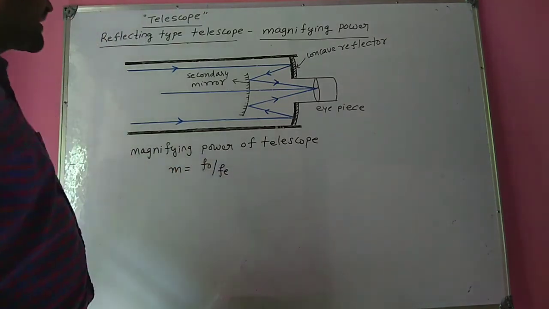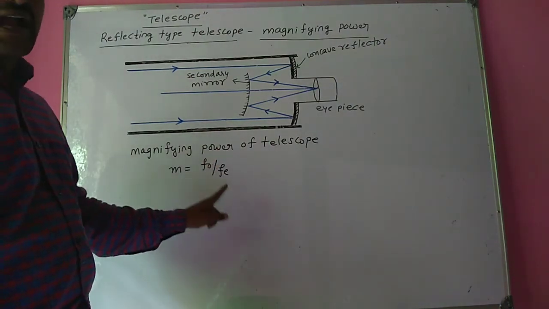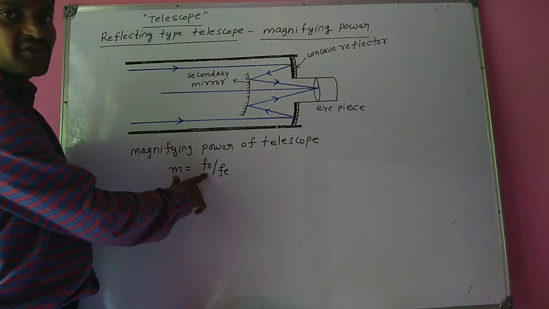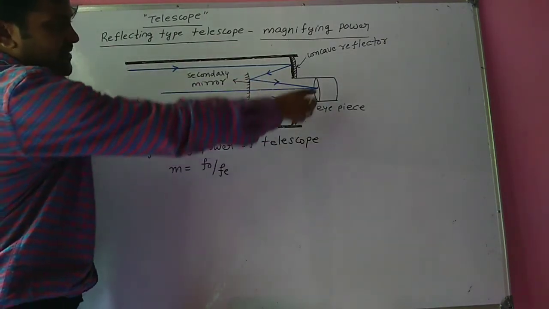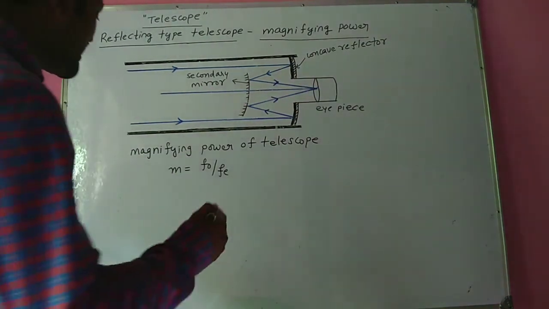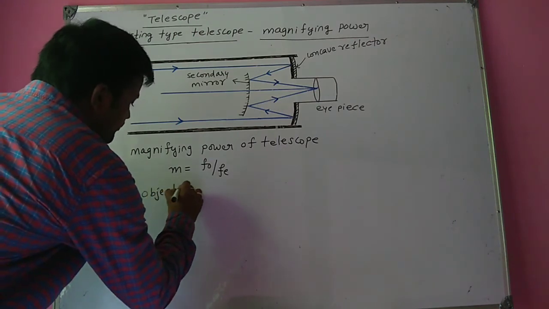That is the ratio of the focal length of the objective to the focal length of the eyepiece. Fo is the focal length of the objective. Objective here is a mirror, and Fe is the focal length of the eyepiece. Eyepiece is a lens.